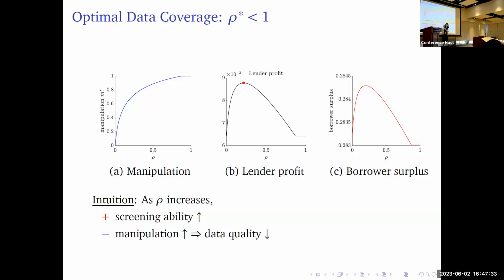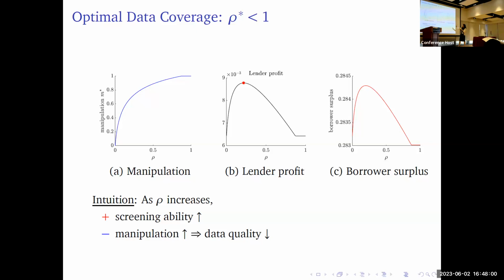But the downside comes from the manipulation, because the higher rho will incentivize the low type to manipulate more, so that can impair the data quality of this lender. That can eventually drive down the profits of the lender. So in the end, the lender's profits will exhibit a hump-shaped pattern here.